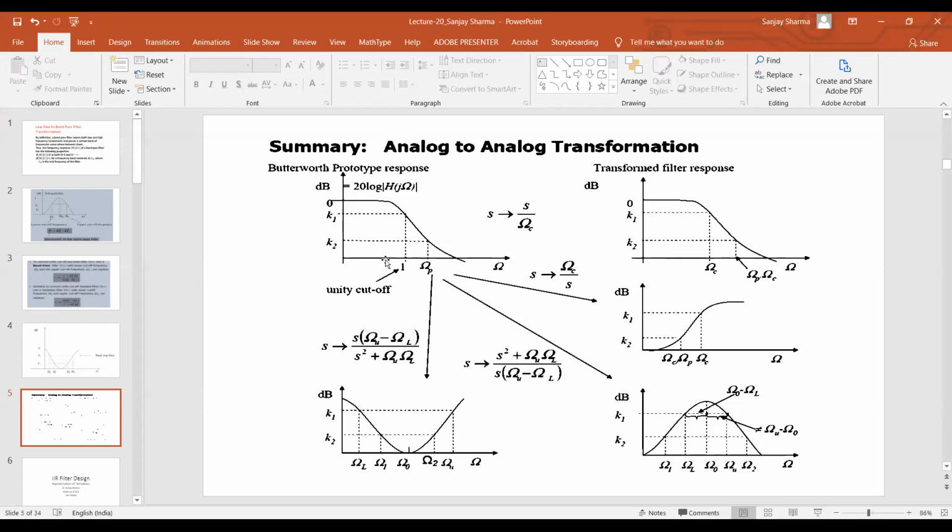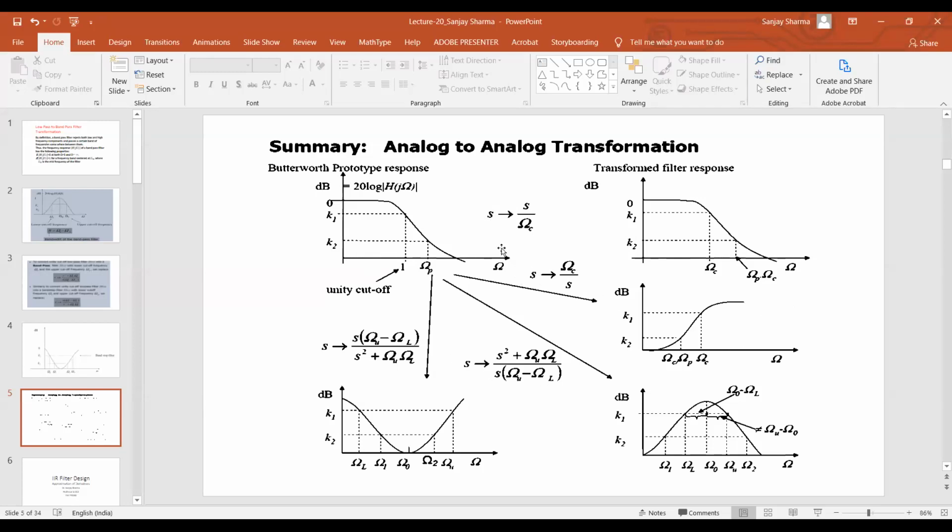Clear? If we want to get a low pass filter with omega C as the cutoff frequency, then every S in the low pass filter prototype transfer function will be replaced with S by omega C. You will get this filter. If you replace S with omega C by S, you will get this high pass filter.